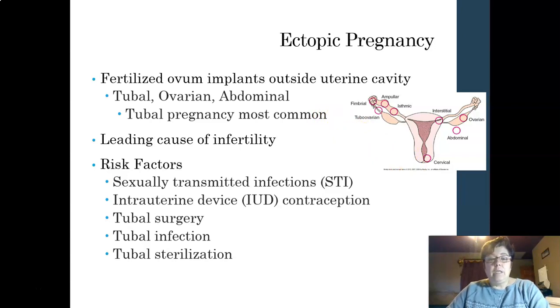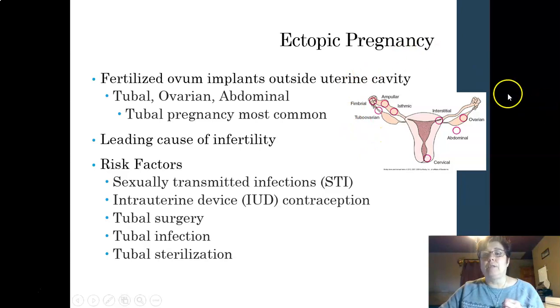Typically, 99% of the time, this pregnancy cannot establish and continue on. There is just nowhere in the abdominal cavity or on the ovary that the pregnancy can attach, implant, and then grow healthy, okay?